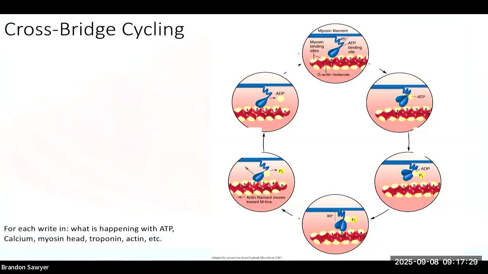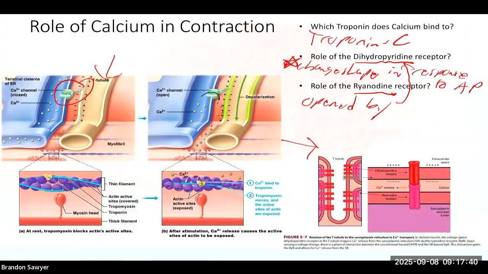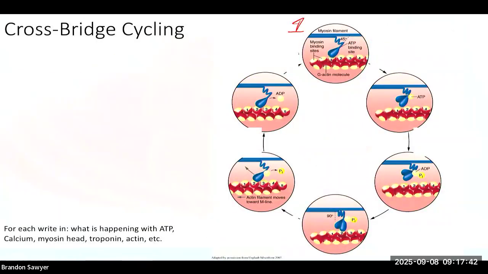So which one would that be? The very top, probably. Yeah, I agree with that. So let's call that number one just so we can talk about it. Okay, 2, 3, 4, 5, and 6.